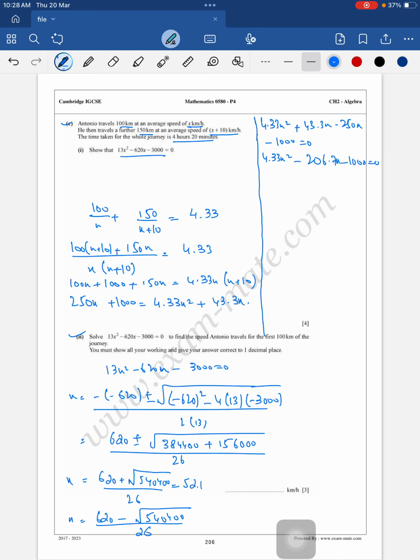and in the other part we have 620 minus root 540400, so we are getting from here 620 minus 540400 divided by 26, we are getting minus 4.4, which cannot be taken, it's negative, so we are taking 52.1.